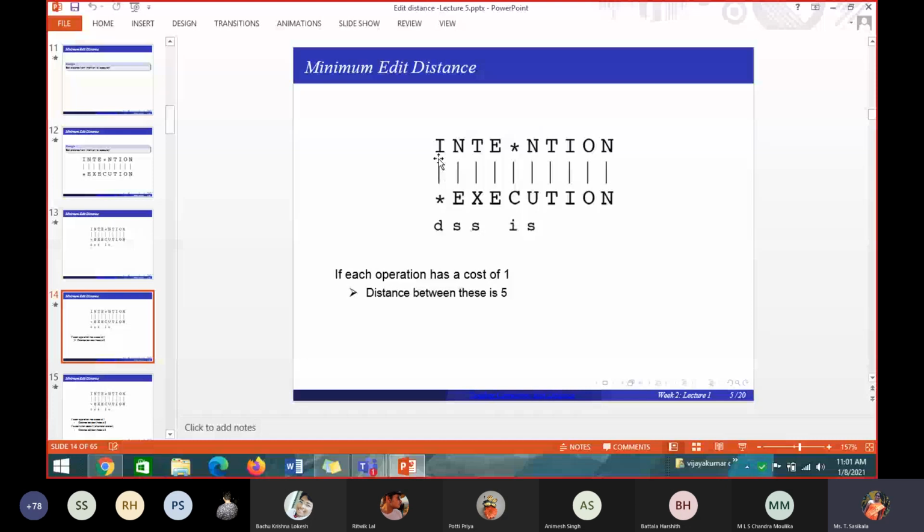This is for your understanding of how an edit operation occurs to convert the input string into an output string. So totally, if I want to convert intention to execution, I need 5 edit operations: 1 delete operation, 1 insertion operation, and 3 substitution operations. And if the cost for all the operations is 1, then what will be the total cost to convert an input string to output string?